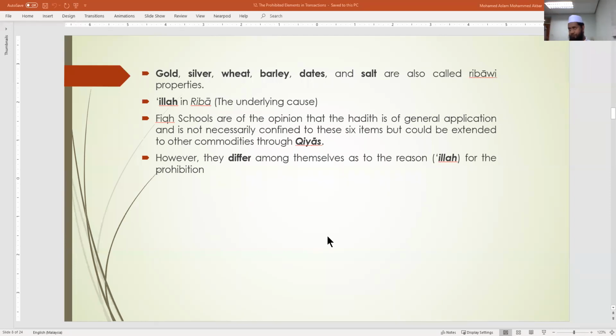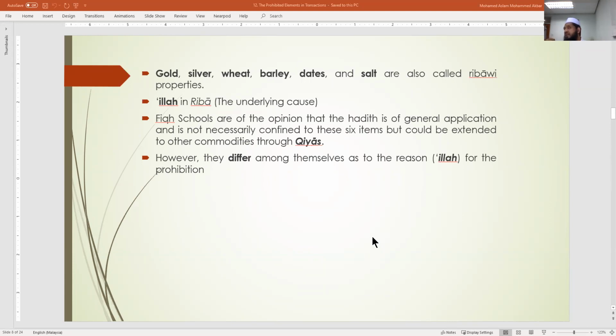So now, most of the opinions of the fuqaha, the ulama, say that you can go through qiyas, analogy, and other things can also be considered, but they have differences in the reason, the illah for the prohibition, why only these six things.